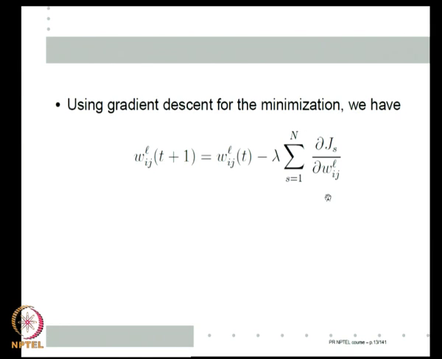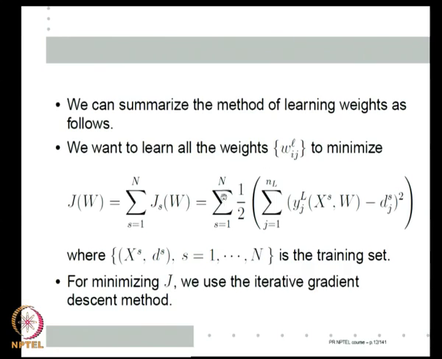If you look at it, each J_s actually has the same structure. The only thing that is different is that it is the square of the error between the network output and the desired output, but in the sth term I put x_s as the input to the network and use the sth desired output.